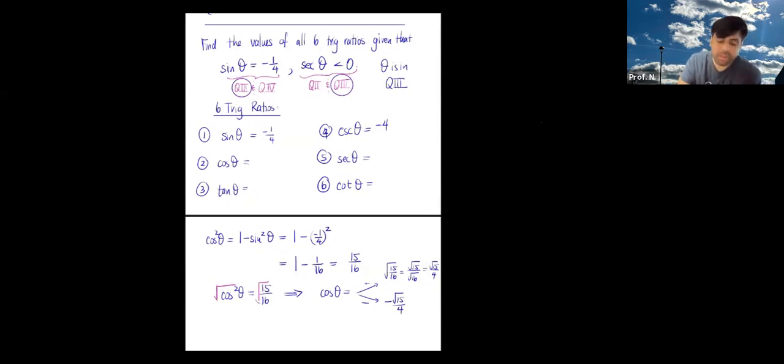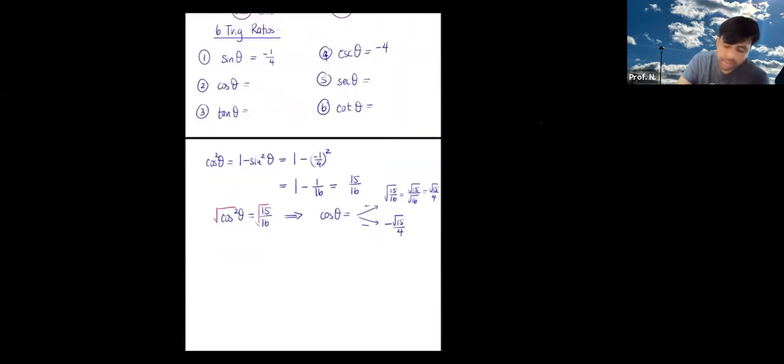So if I'm in quadrant 3, cosine is also negative. So then the correct value for cosine theta should be negative rad 15 over 4. And once I know cosine is negative, then I know secant of theta is also negative, but the reciprocal: 4 over rad 15.